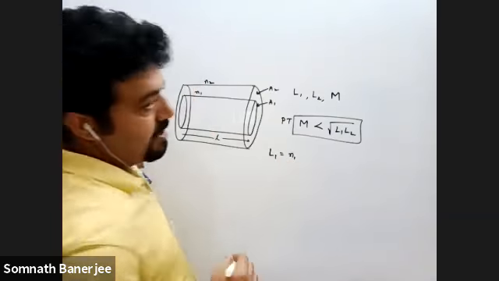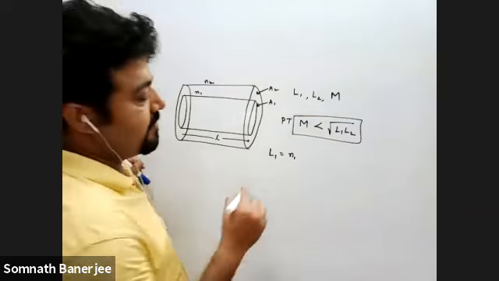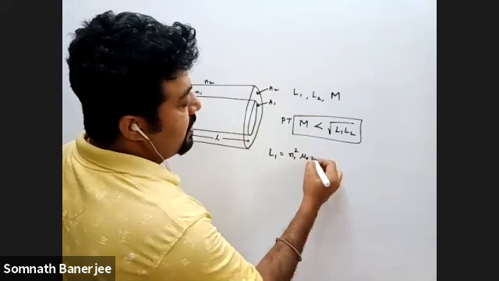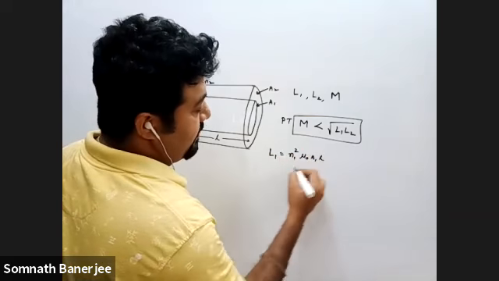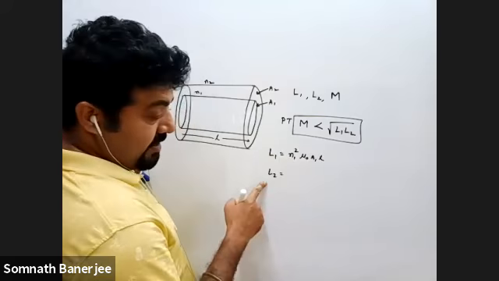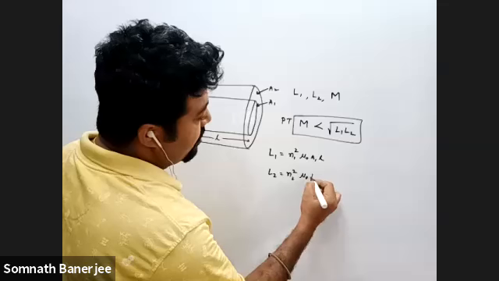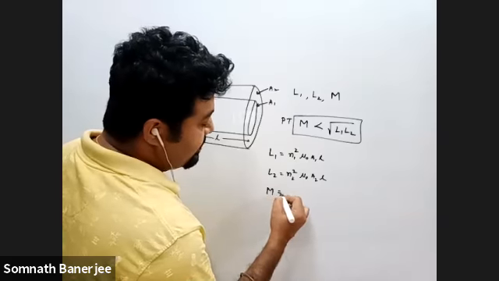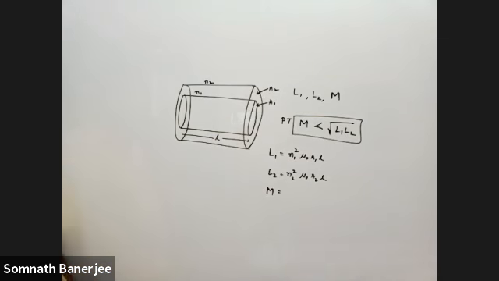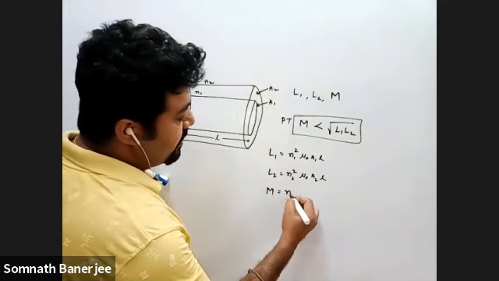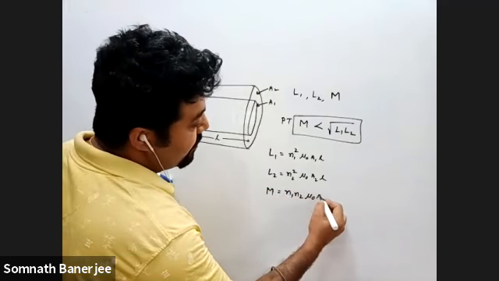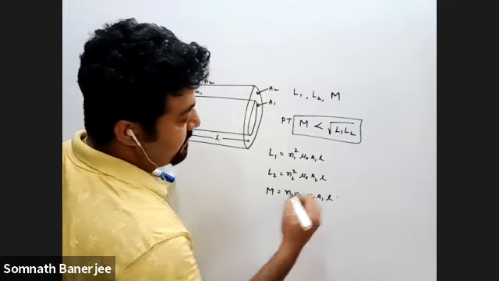We know the self-induction of a solenoid: L1 is mu naught N1 square A1 by L, and self-induction for solenoid 2, the second coil, is mu naught N2 square A2 by L. And mutual induction we represent as M, because at 1 due to 2 and at 2 due to 1 they are the same value. So we write directly M. We already proved it: M is mu naught N1 N2 A1 by L, with the common area A1 and length L.